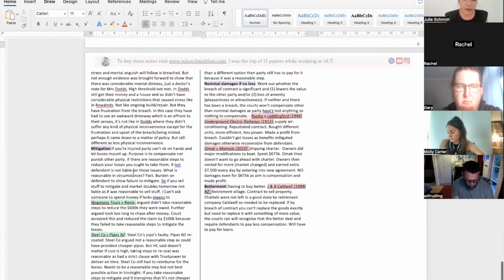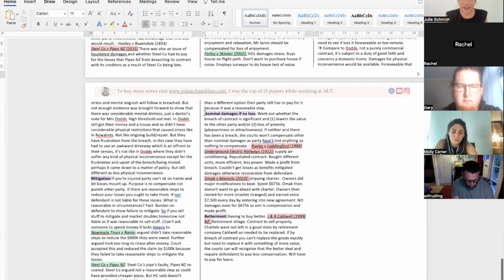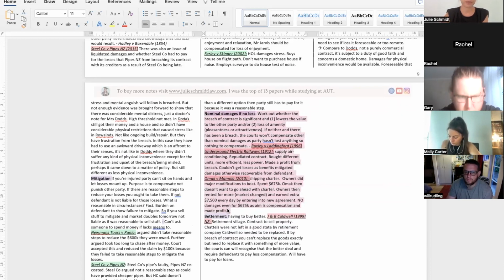And also on damages, sometimes, if the contract was breached, but actually there were no monetary losses or any loss that you can actually prove, the courts will award nominal damages, or damages in name. So if you read a judgment where they provide this remedy, it's like, all right, we see that you breached the contract. That sucks.